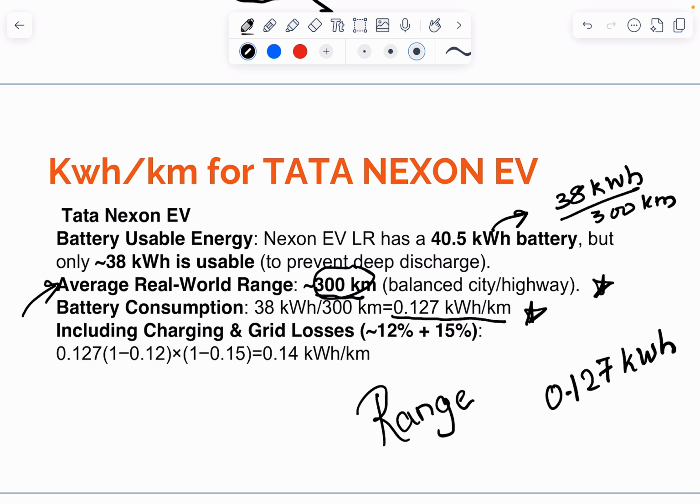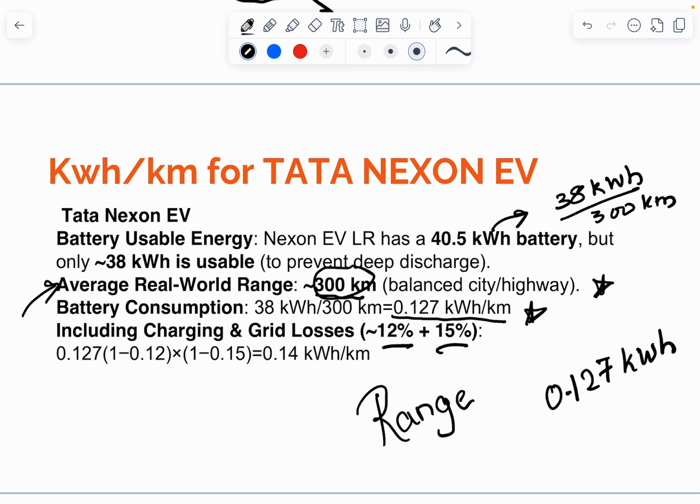It would be more, considering that there are losses in the charging phenomena and also losses when the electricity is transported on the grid. These numbers we can assume, again making a good assumption. With these assumptions, 12% is the charging losses and 15% the grid losses.